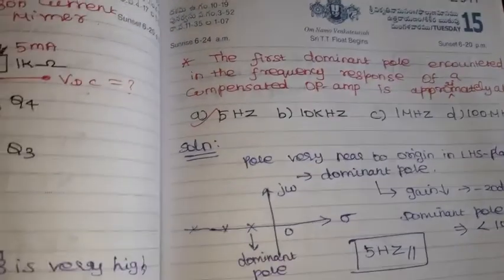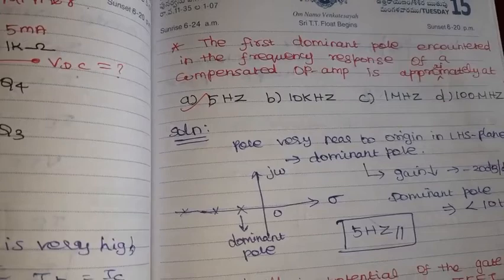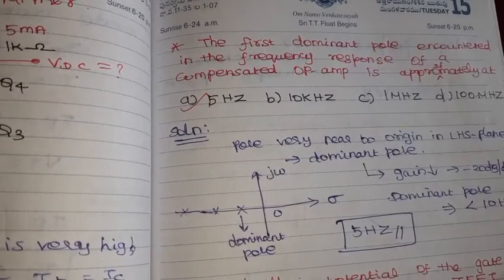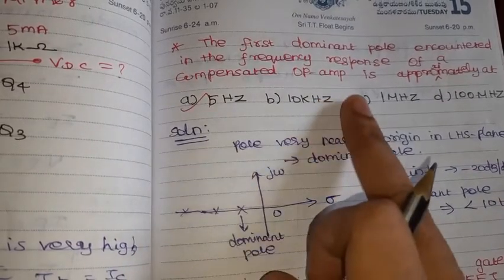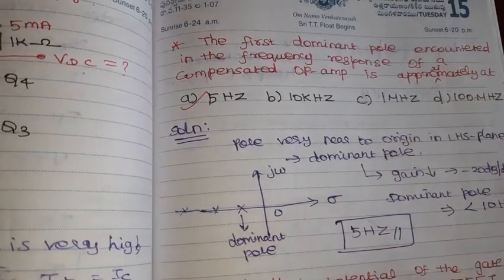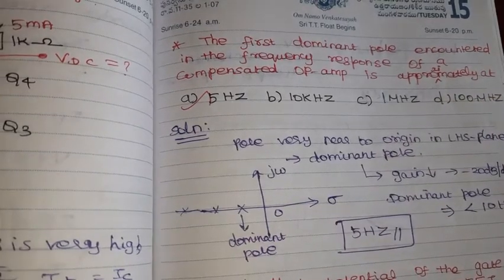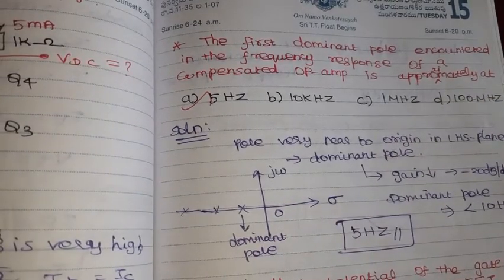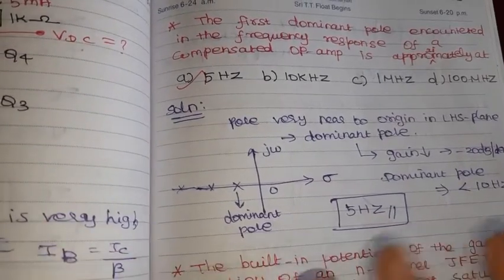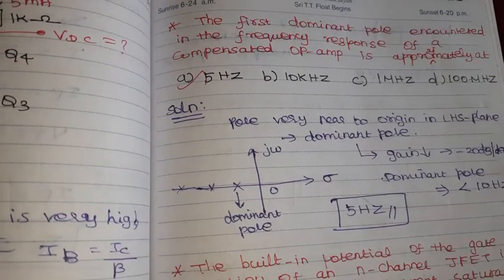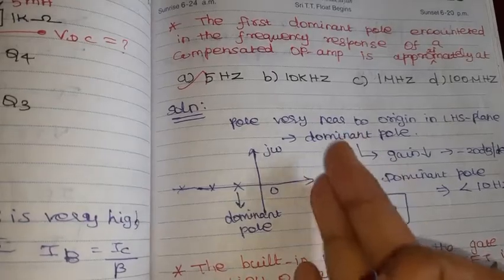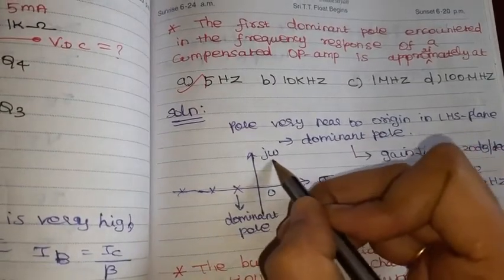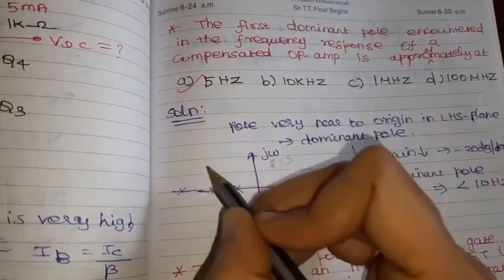Then the question: the first dominant pole encoded in the frequency response of a compensated op amp is approximately at, with four options given. First we need to know what the dominant pole is. The dominant pole is the pole which is very near to the origin in the left half of the S plane. This is the S plane, with the right half and the left half.